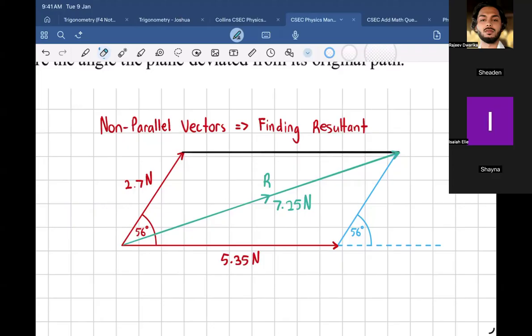Nice. And something to also do is, at the end of the resultant, put an arrow. This is the main arrow you need to have. Okay, good job, Isaiah. Just put the arrow at the end as well, right?